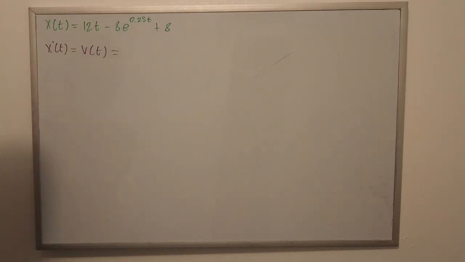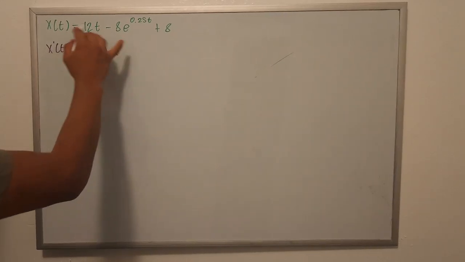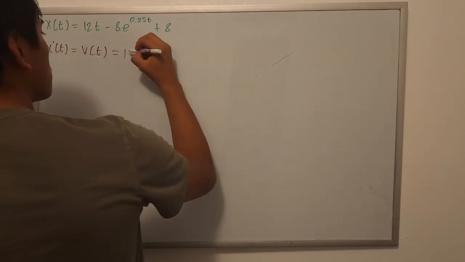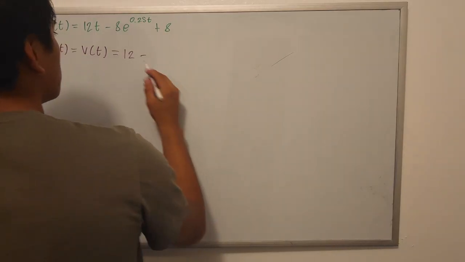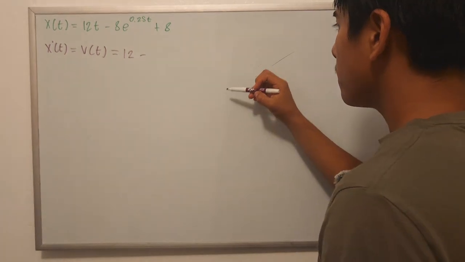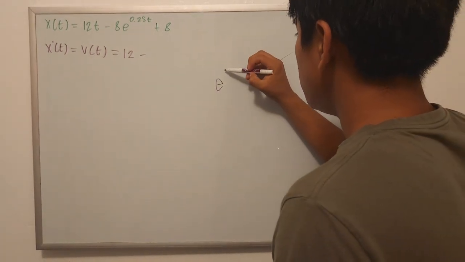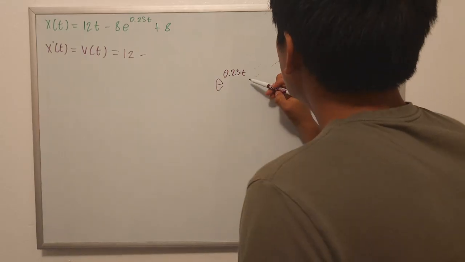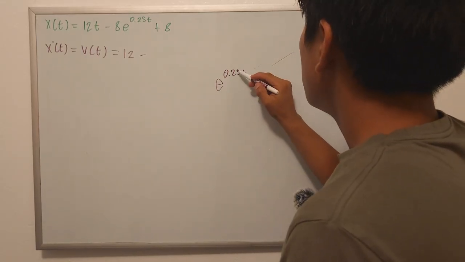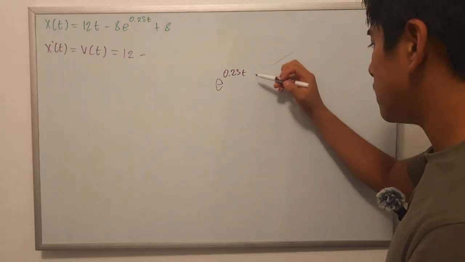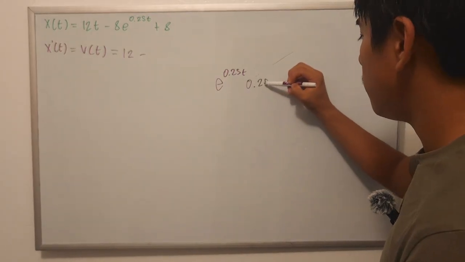So now we take the derivative: the derivative of 12t is just going to be 12, minus the derivative of 8e to the 0.25t. That's going to be with the chain rule, so that's going to be e to the 0.25t multiplied by the derivative of the inside, which is just 0.25.